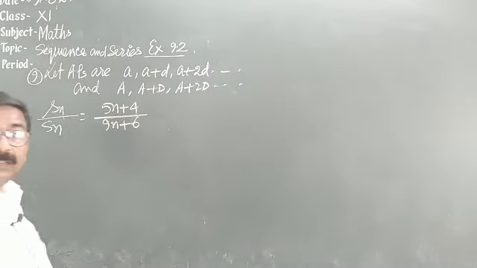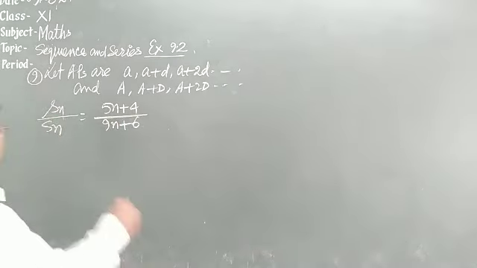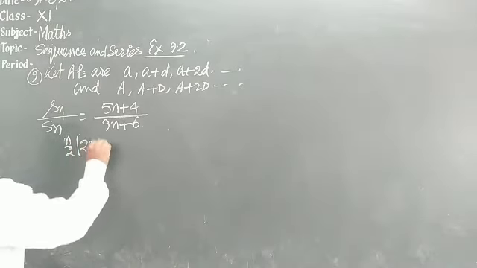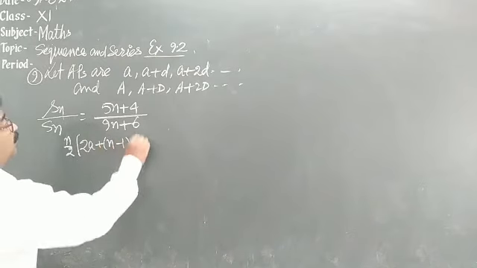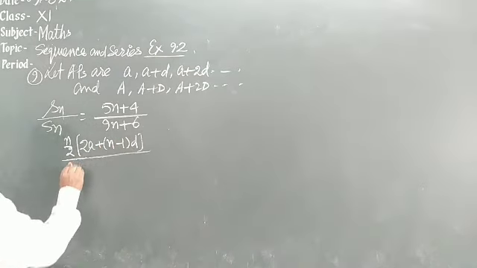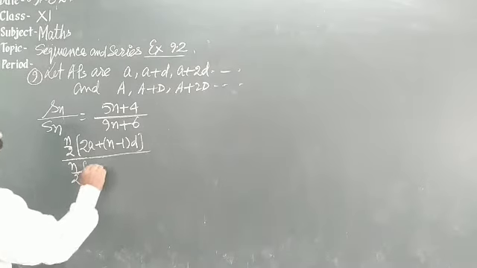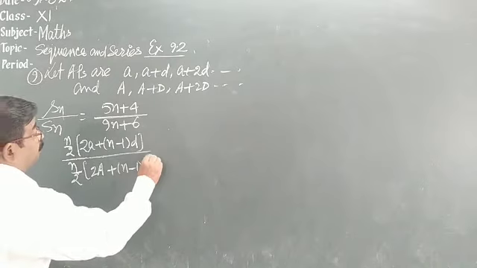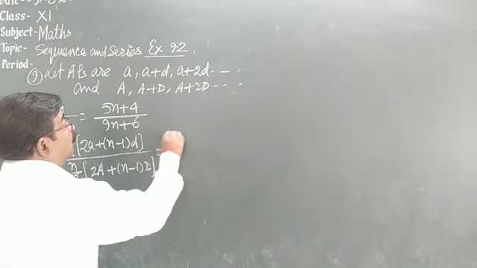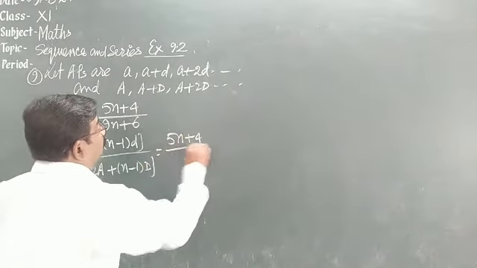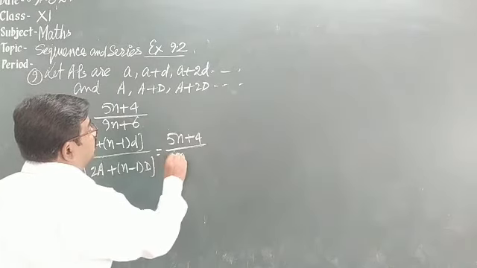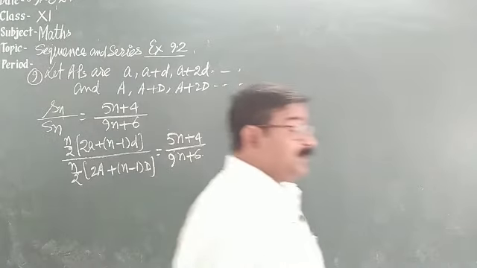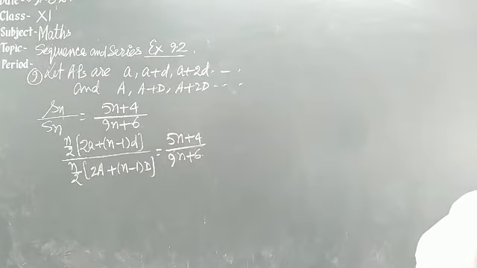Now we can write the values of n terms, the formula. This is n by 2, 2a plus n minus 1 into d. Here again n by 2, 2 capital A plus n minus 1 into capital D is equal to 5n plus 4 upon 9n plus 6. See, now in the question, what can we do?